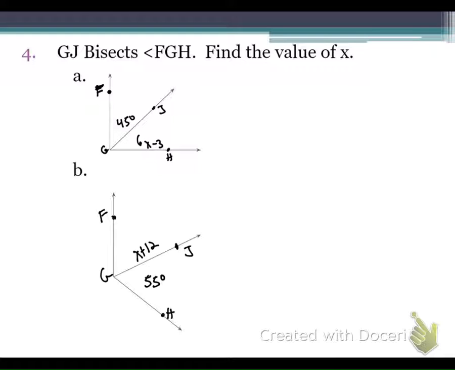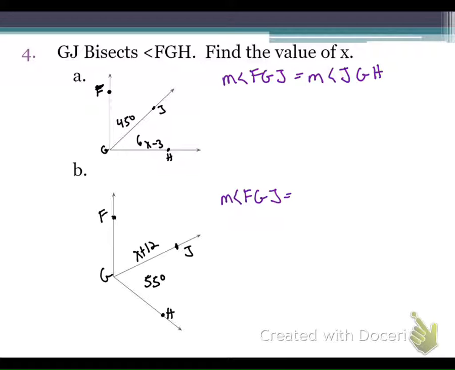So if we know that GJ bisects angle FGH, what do we know about those two smaller angles? They are congruent, yep. So the measure of angle FGJ equals the measure of angle JGH.